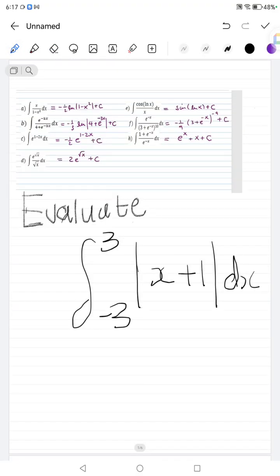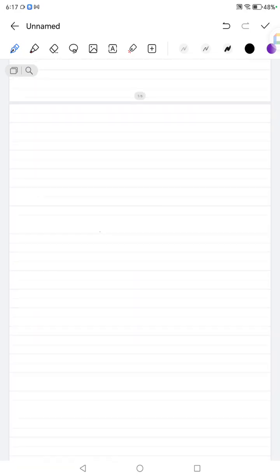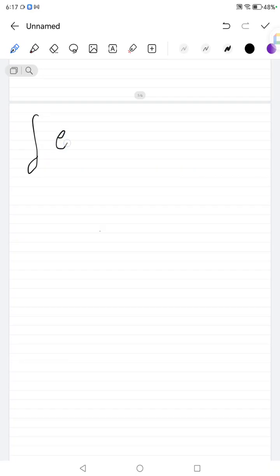The second one is b, no, that's e to the exponent minus 3x over 4 plus e to the exponent minus 3x. Okay, I got that. Then it's e to the exponent minus 3x over 4 plus e to the exponent minus 3x. You see?